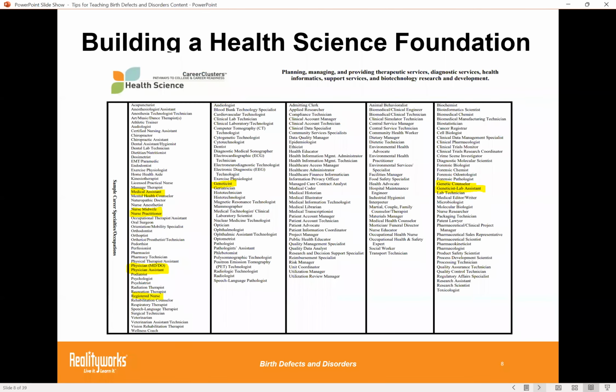Here are just a few of the health science pathways that need to know about birth defects and disorders more specifically. Things like genetic counselors, nurses, physicians, midwives. In fact, anybody that is patient focused or interacts with patients at some point in their career really could find this knowledge helpful, because you may have a patient with a condition or disorder someday that you're working with.